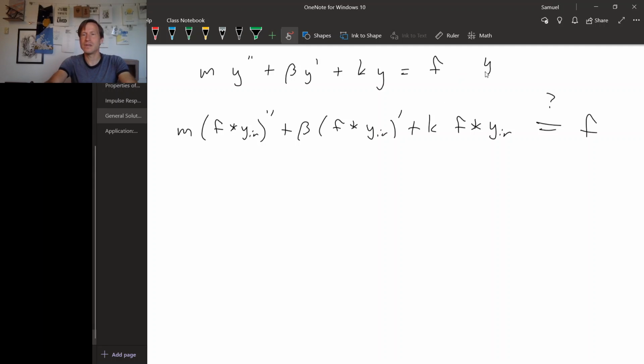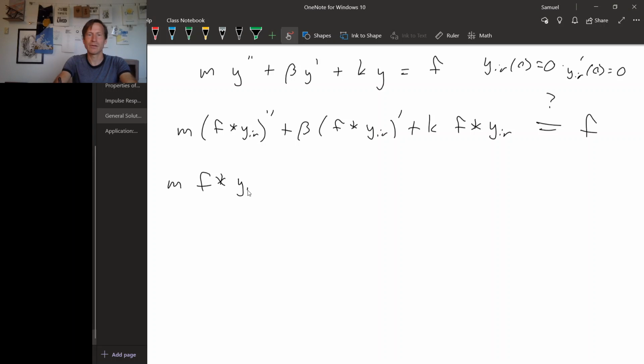Since the impulse response at 0 is 0, and the derivative of the impulse response at 0 is also 0, and I'm sweeping a little bit under the rug here, those boundary terms that we got when we differentiated a convolution are both 0. So we only get the term that has the derivative on the second piece.